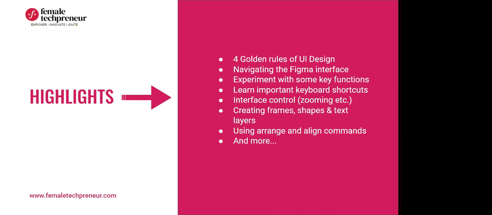It's not the only UI design tool that we have. We have others like Adobe XD, Sketch, and other types as well. But before we dive into the practical aspect of things, I'd like to talk about the golden rules of UI design before we get into navigating the Figma interface itself.